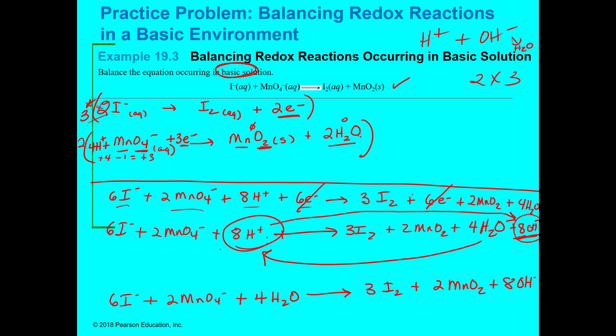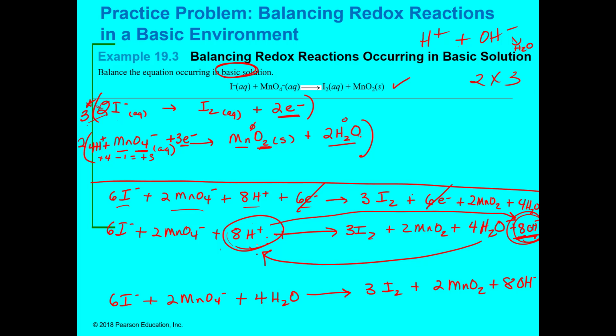So if you're okay with not internally knowing how you're doing it, you just move your water to the opposite side and replace your H plus with your hydroxide on the product. That's all I did. I swapped H plus for OH, the same number and everything, right?